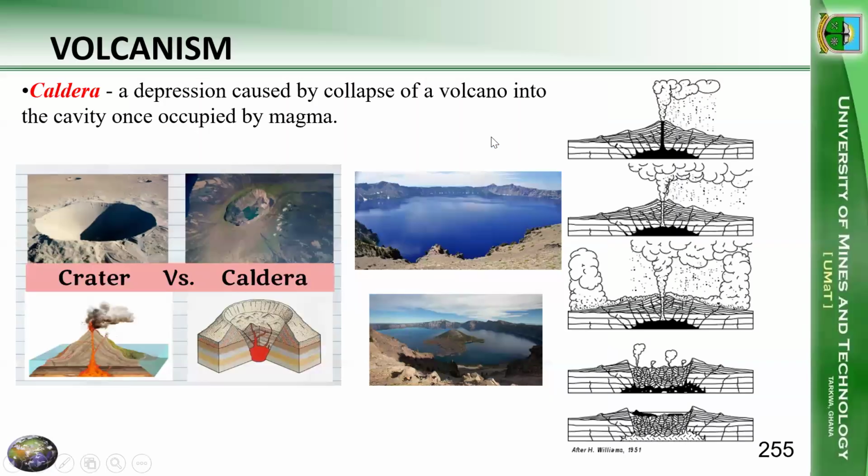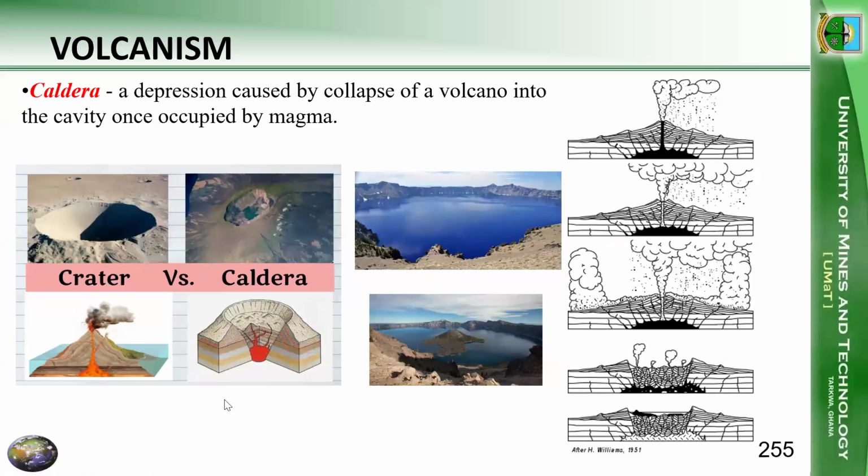We can also talk about a crater versus a caldera. When we talk about a caldera, it means that the entire vent or depression has collapsed into the volcano cavity. The crater is just the top, the part with the vents where the magma erupted from. When everything collapses inwards, we have what we call a caldera.